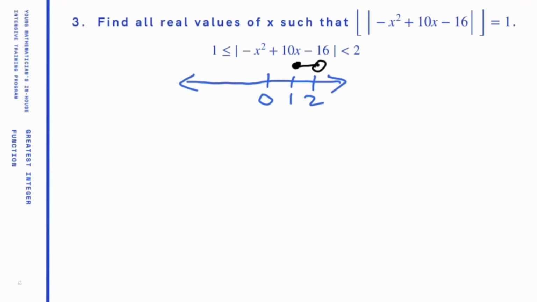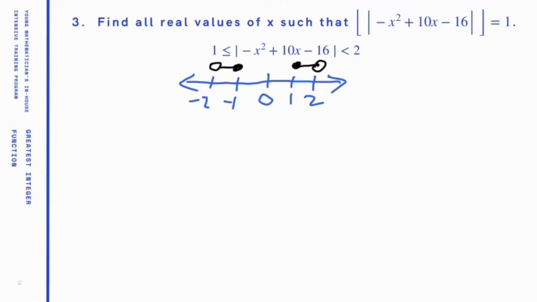And from the left, the numbers that are of distance between 1 and 2 from 0 are negative 1 and negative 2. Negative 2 exclusive and negative 1 inclusive.